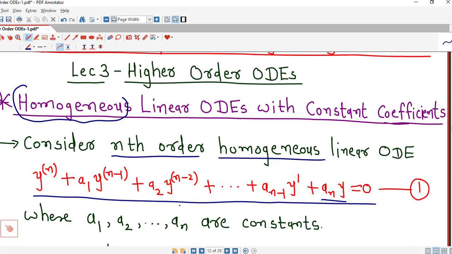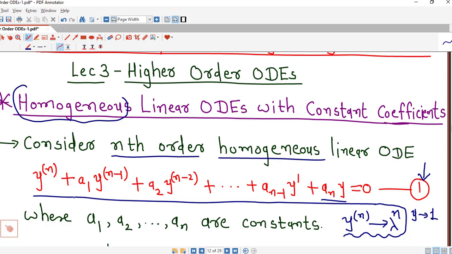Now the method is the same. First we will replace the nth derivative of y by lambda raised to n, and y will be replaced by 1 in this equation number 1, so that we obtain the auxiliary equation. To write down the auxiliary equation, we remember that the nth derivative of y is replaced by the nth power of lambda.